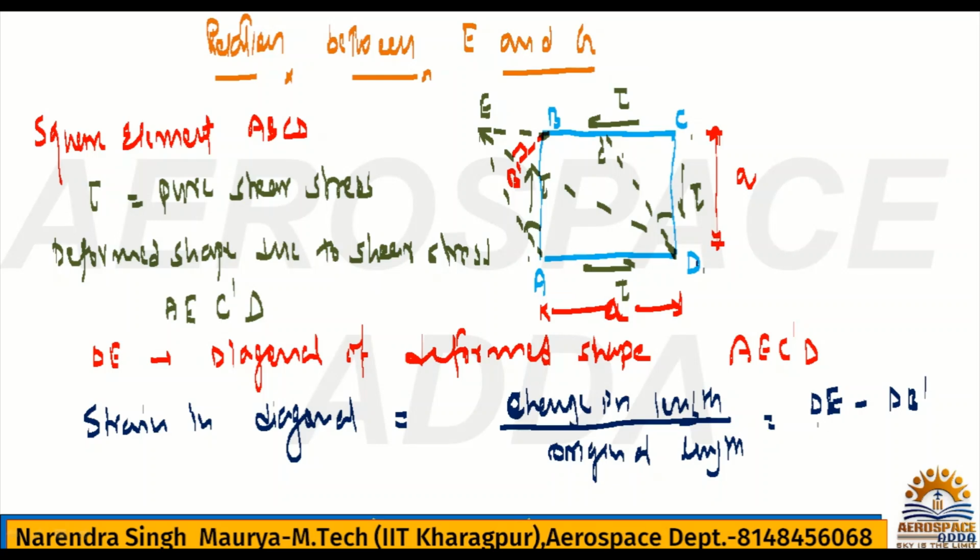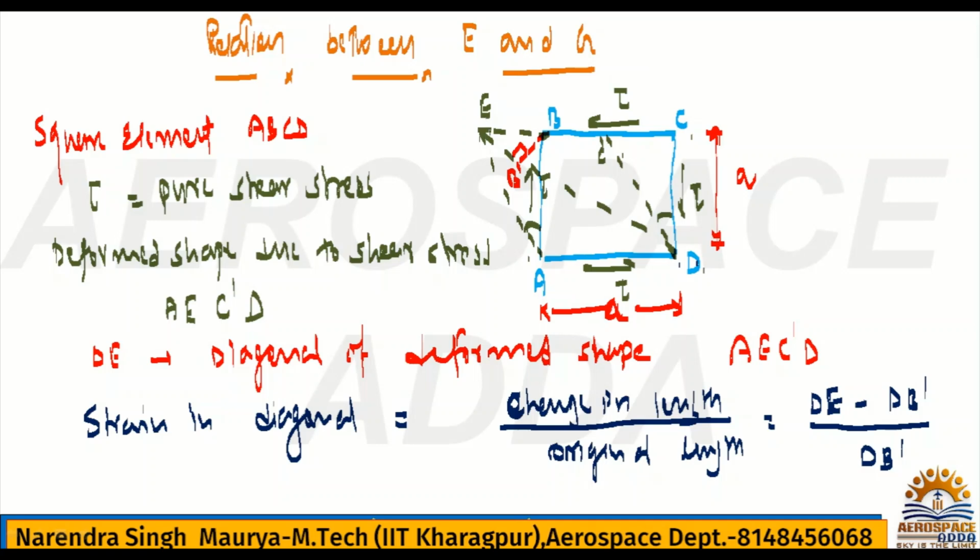What is the original length? You can say it is DB dash. Because generally, if the body is not deformed, then the diagonal will be DB, but once it is deformed, then we can say it is DB dash. But again, it is not DB dash, it is DE.